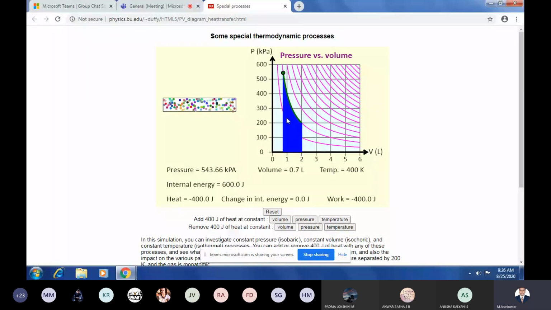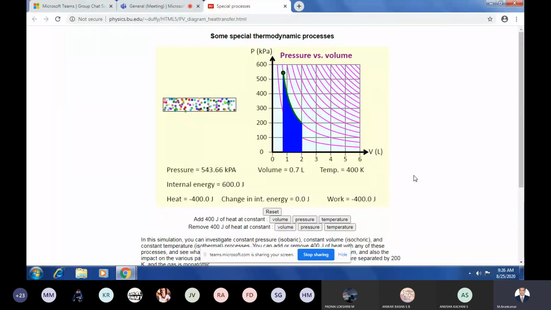So here we remove the heat energy. By seeing this page, we can understand more about the thermodynamic processes.